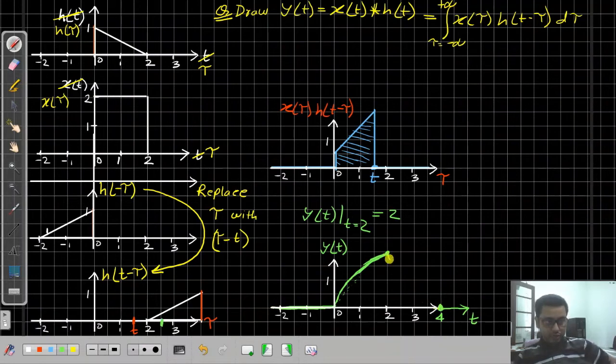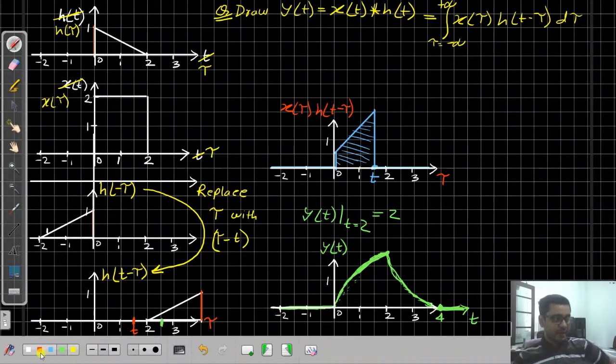So output decreases. Let me draw it approximately. It will come down and here it will become 0. So it goes up like this and then comes down and then becomes 0. This is the output pattern.